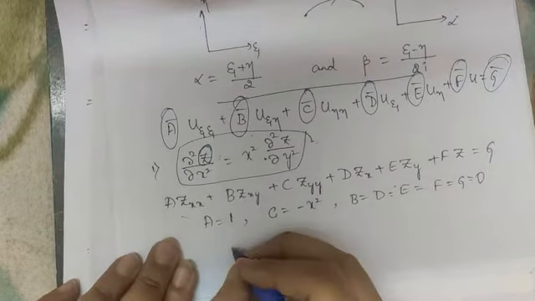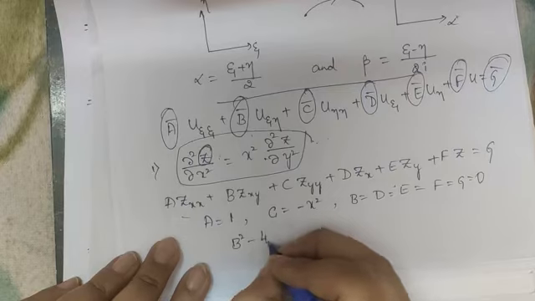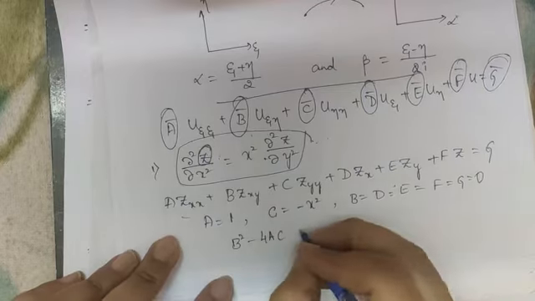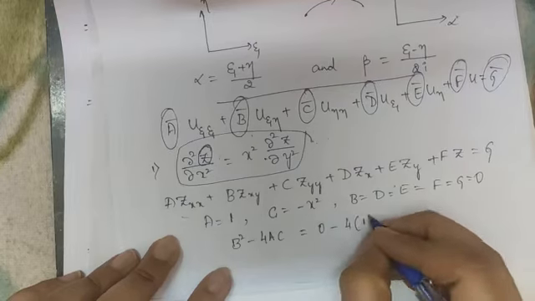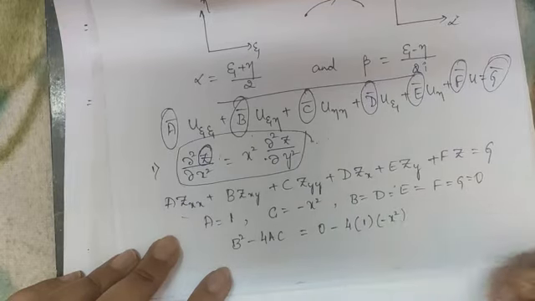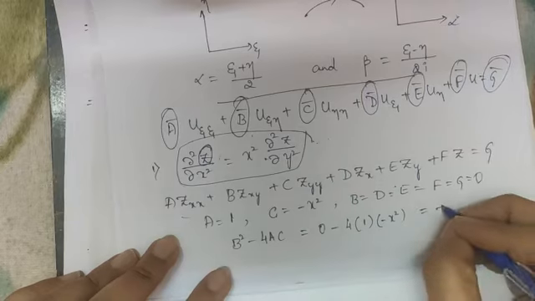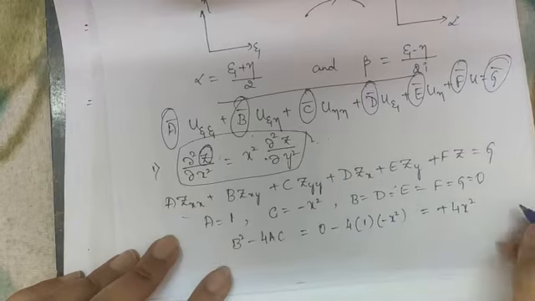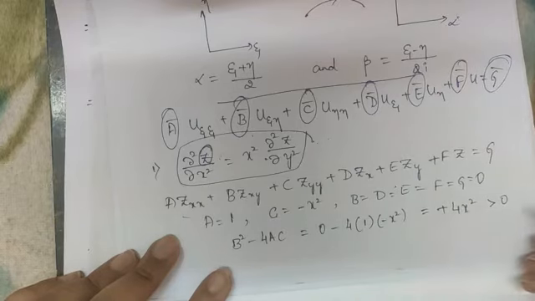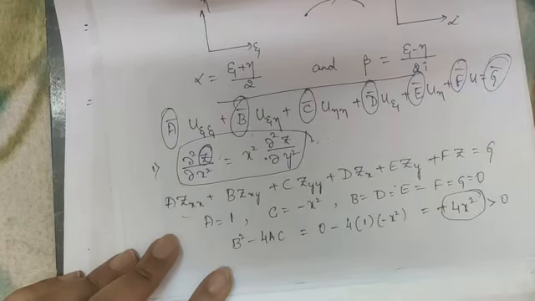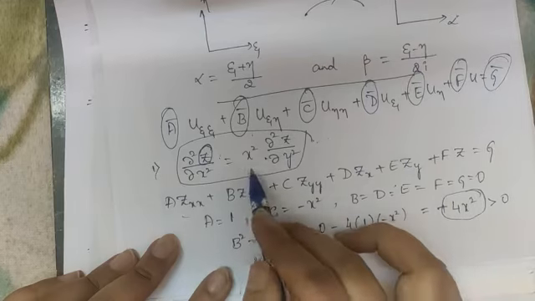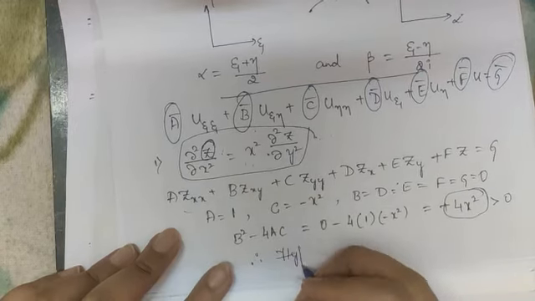Now consider b square minus 4ac. B square is 0 minus 4 into 1 into minus x square. This is nothing but plus 4x square. This is greater than 0. Even if the value of x is negative, the square of a negative term gives you a positive. So plus 4x square is greater than 0. Therefore, the nature of this PDE is hyperbolic.